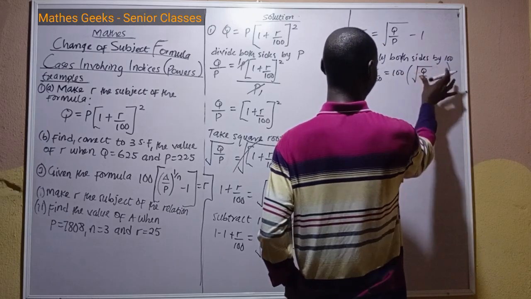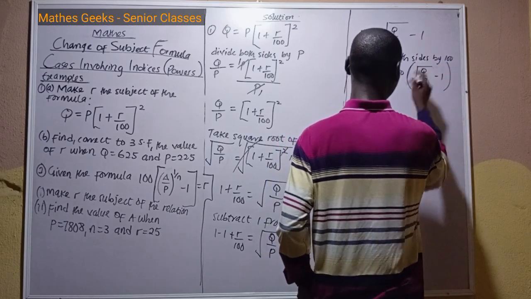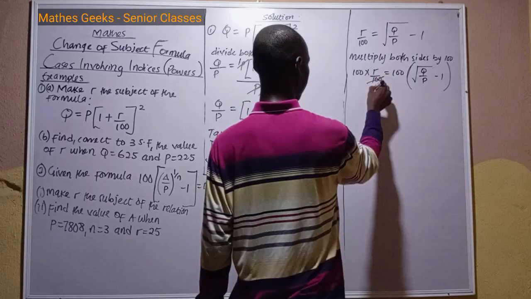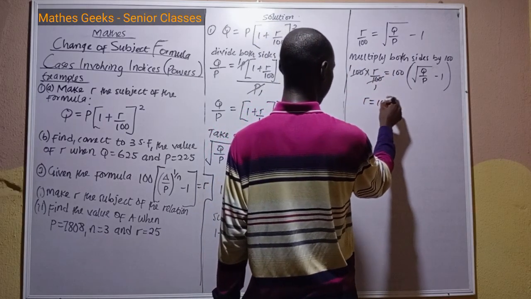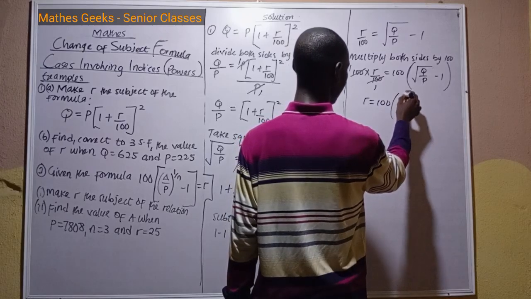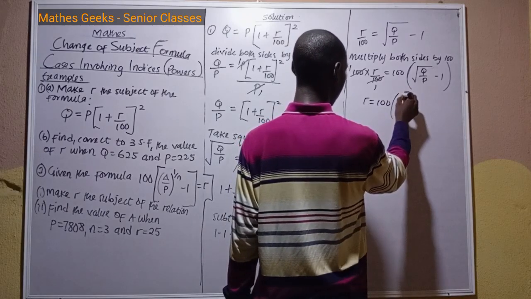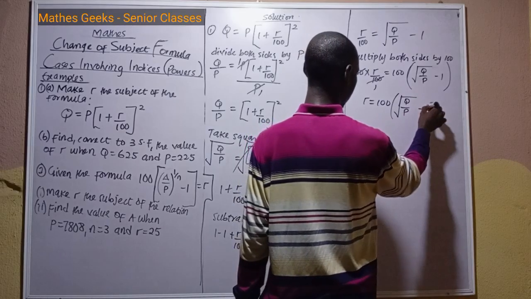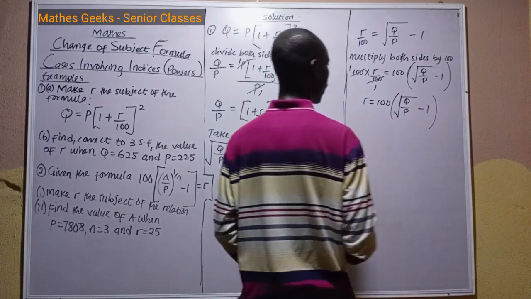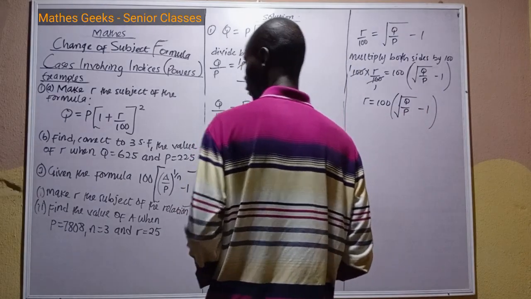This 100 is going to multiply everything inside the bracket. So R is equal to 100 times the square root of Q over P minus 1. So R is the subject of the formula.